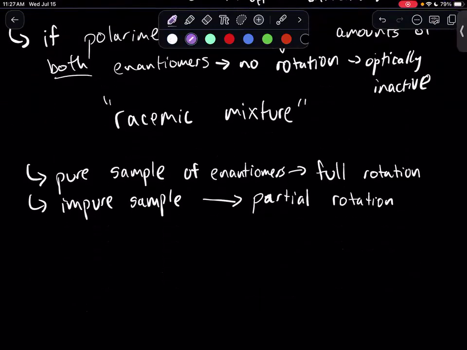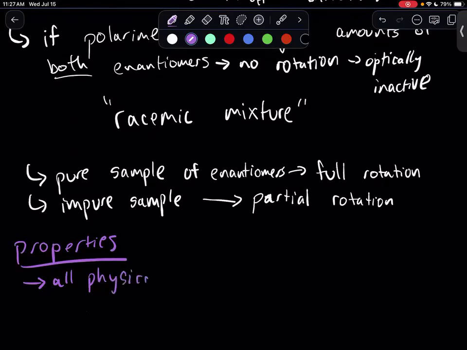So that leads us into the last part of this, which is properties. Now, all you have to know is that other than that optical property, all physical properties are the same. Again, other than optics.